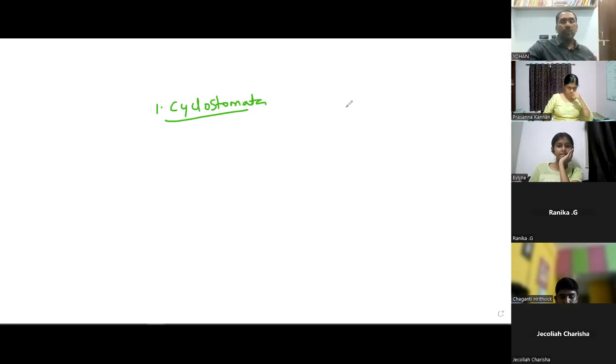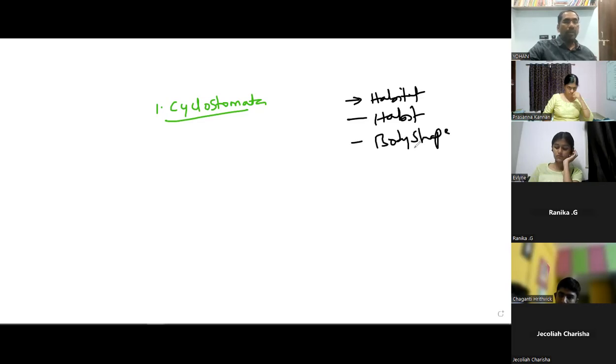Here I'll tell you, same habitat, habit, body shape. If you are thorough with these points in sequence, you can answer any type of question from any class.